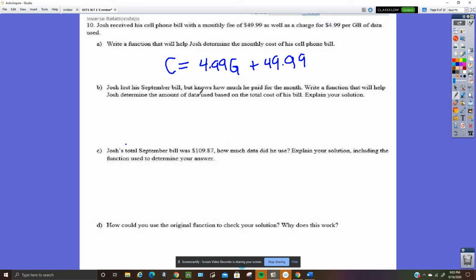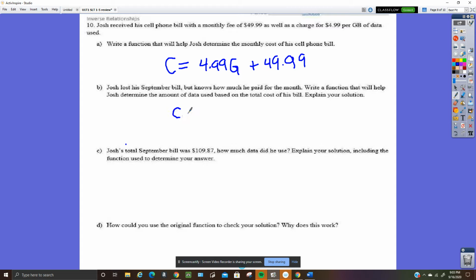Josh lost his September bill, but knows how much he paid for the month. Write the equation that will help Josh determine the amount of data used on the phone and the total cost of the bill. So you would do the inverse here.